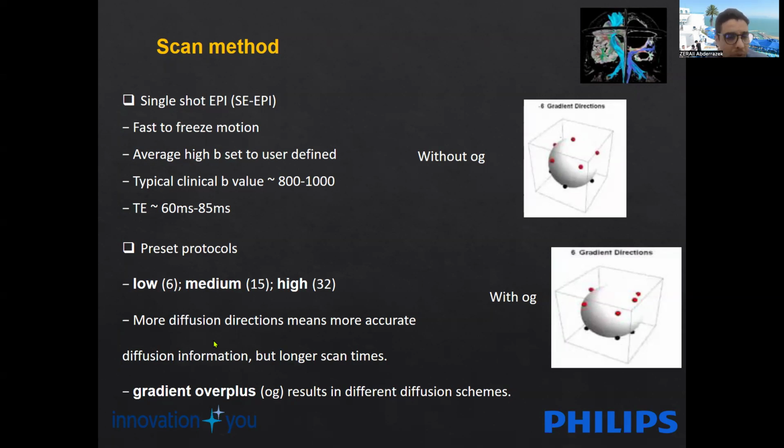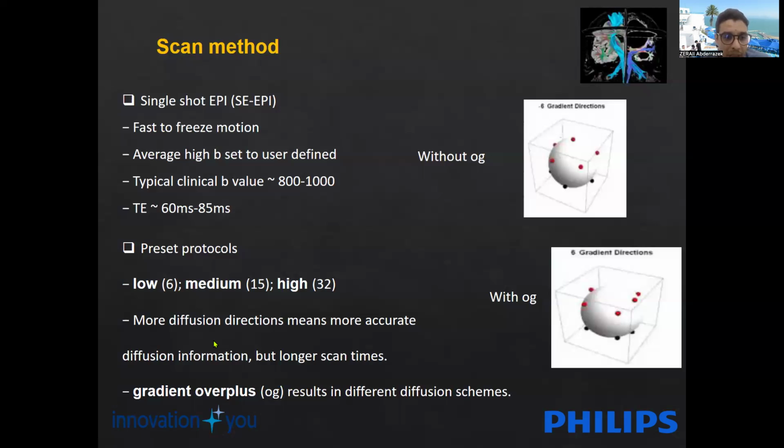For example, for brain imaging you can use 1000, 2000, and so on, so it depends on the b-value that you use. Typically, the clinical b-value is in a range between 800 and 1000. It is also useful to use a small TE.